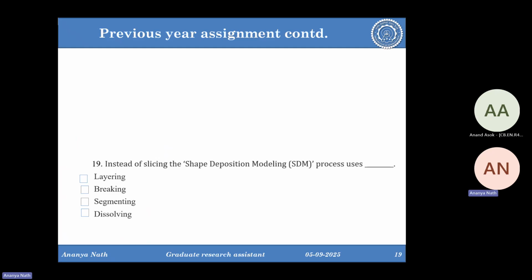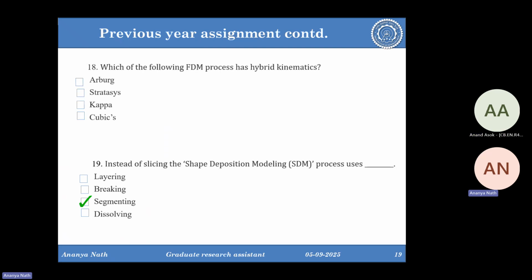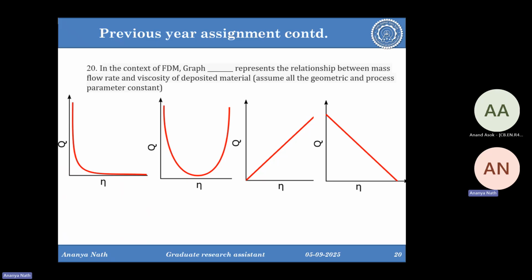Instead of slicing in the shape deposition modeling process, segmenting. Yes. Instead of slicing, we are not slicing it, rather we are segmenting it. Which of the following FDM process has hybrid kinematics? Then the last question is in the context of FDM, which graph represents the relation between mass flow rate and viscosity.